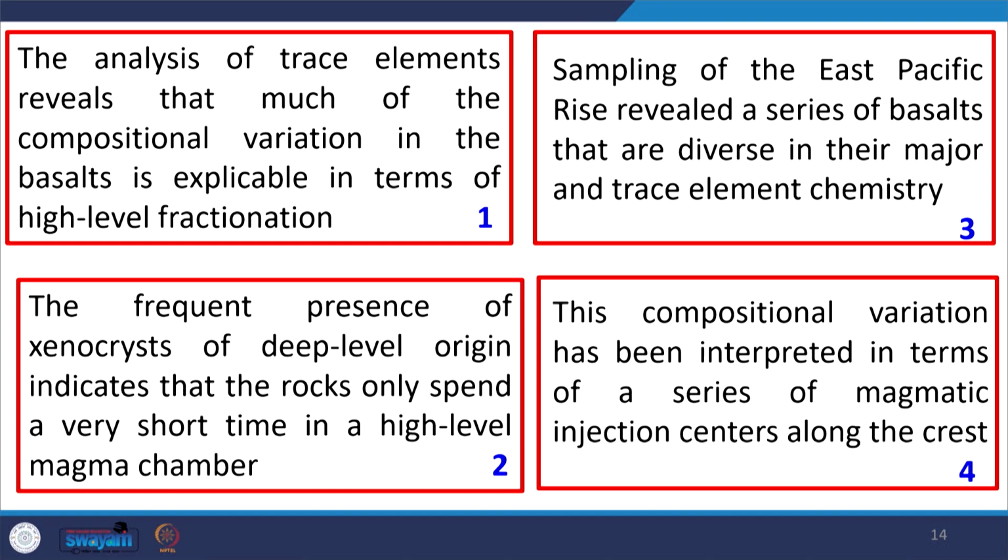As you remember, we have different magma chambers at different depths along the mid-oceanic ridge, and the magma is spending different times in different magma chambers, and once they are coming to the surface, there may be a chance of repeated intermixing of this magma, and finally they are erupting together. So, that is why this type of compositional and mineralogical variation is found along the mid-oceanic ridge basalt.